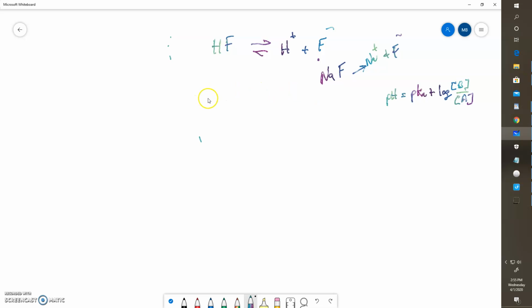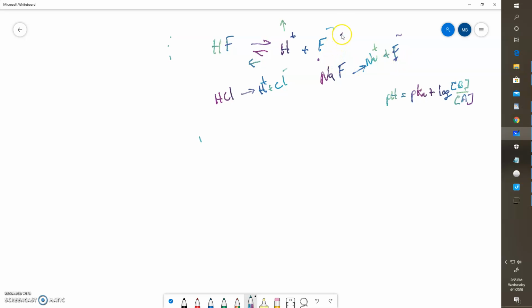Anyhow, let's take a look at what will happen. If I add a strong acid to this system, say hydrochloric acid, remember with the strong acids and bases, 100% dissociation, I'm really increasing H+. I have an equilibrium system here, and with Le Chatelier's principle, as I increase my H+, it's going to shift back to just HF. For every H+, I've got an overabundance of F-.